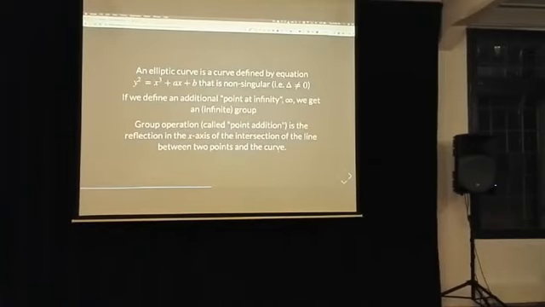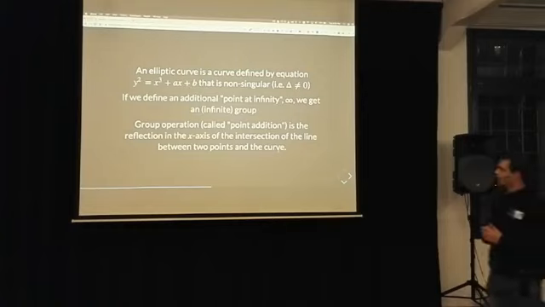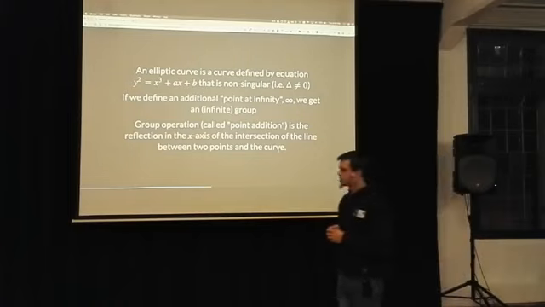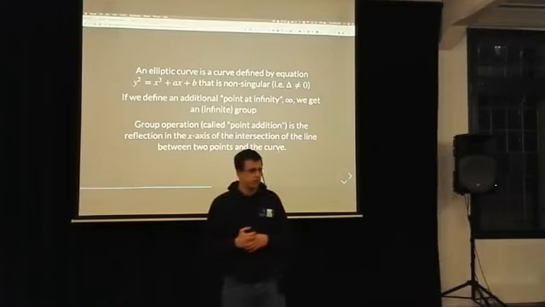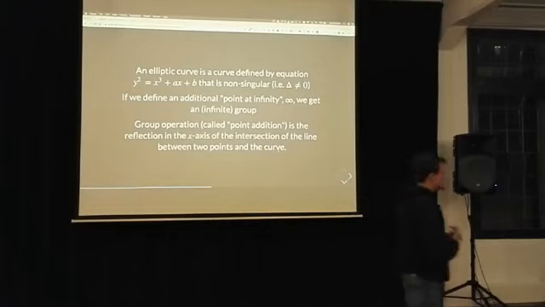So let's have a look at elliptic curve cryptography. An elliptic curve is a curve defined by the equation y squared is equal to x cubed plus ax plus b, where the curve is non-singular, i.e., in basic terms, I believe this means that if you take the cubic equation in x, then the discriminant is not zero.